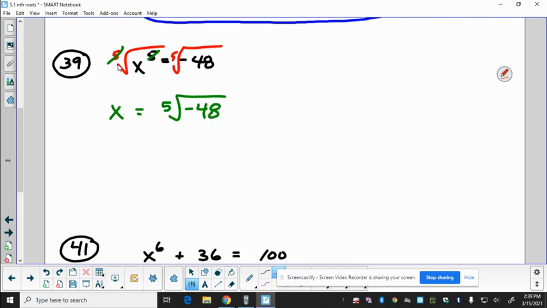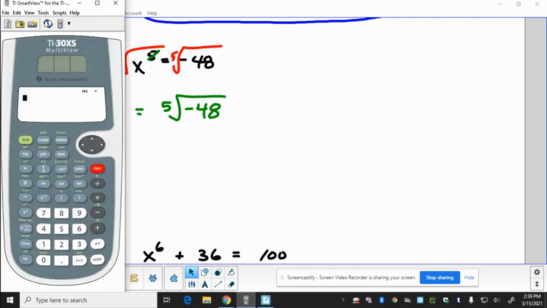Now, I don't know if there is one, but we can try to find it on the calculator. So let's put in the fifth root of negative 48. It will be a negative number. Okay, this is an irrational number. So let's write the answer down.